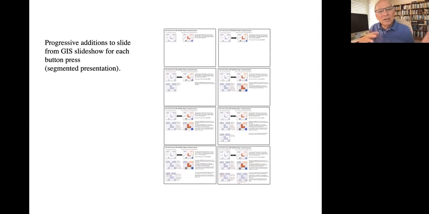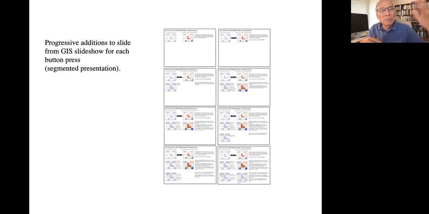Another way to do this is from a lesson on geographic information systems that's used in introductory college courses in geography. It's kind of hard to even see what this is about, but we could present this as a progression, as a slide that progressively gets filled in.